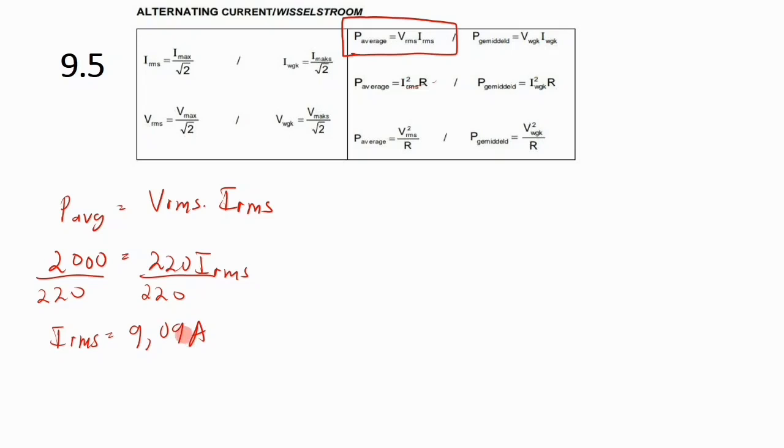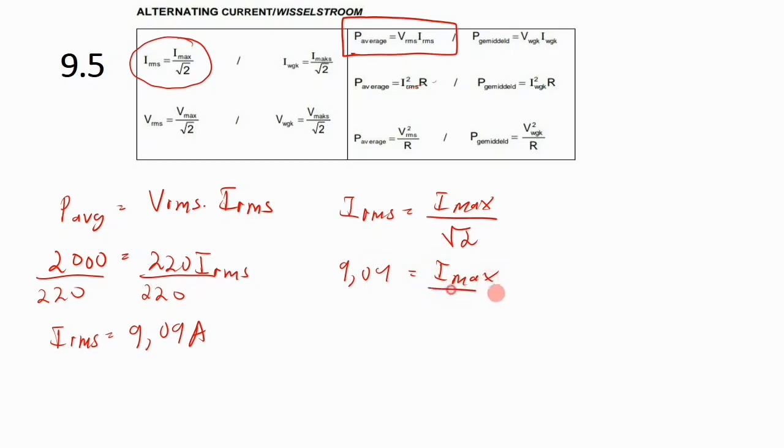Then remember from here, what did they ask us to calculate? They asked us to calculate the maximum current, right? So where do we go from here? We will now use this formula here to calculate the maximum current, where we say I RMS is equal to I max over root 2, right? So we substitute our root mean square current, which is 9.09, and then it is equal to I max over root 2.